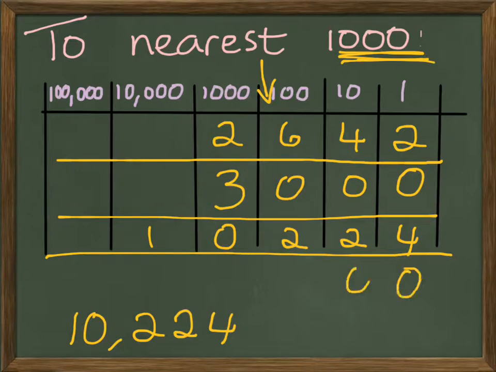I need those 3 zeros in, because we're doing rounding to 1,000, the nearest 1,000. And now, does this 0 here stay the same, or does it move up to be a 1? Well, 224 is closer to 0 than it is to 1,000, so that's going to stay the same. So I'm rounding it to 10,000.